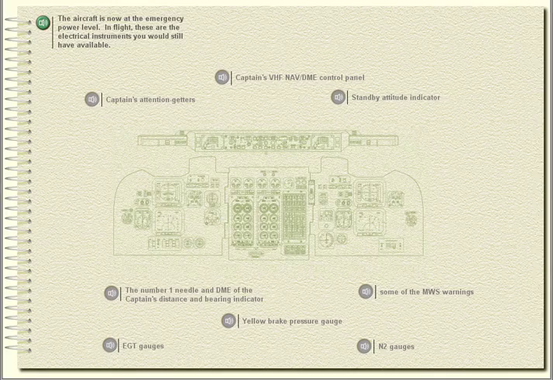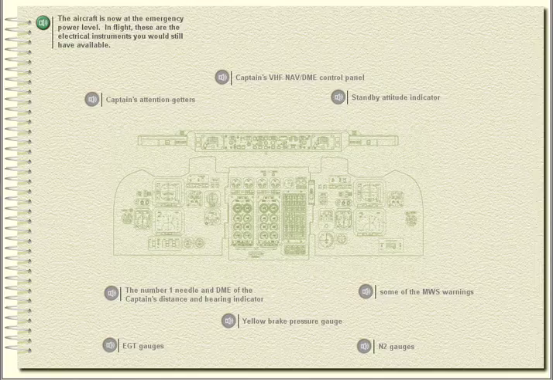The next action is to check that the engine generator switches are to off reset. Finally, we check that the APU generator switch is to on. The aircraft is now at the emergency power level.